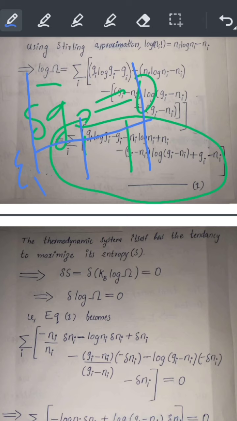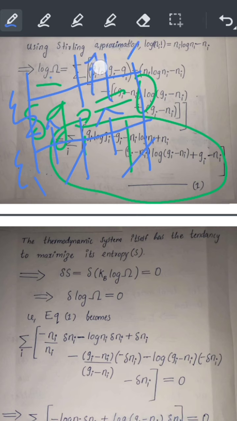But in fact, the number of particles distributed into these states can change. Suppose we have one fermion in this energy eigenvalue E1, and one fermion in this state, and also in this state, which is an energy level with energy eigenvalue E2, and imagine there are 3 degeneracies, 1 degeneracy, 2 degeneracy, 3 degeneracy, and only one fermion is here.